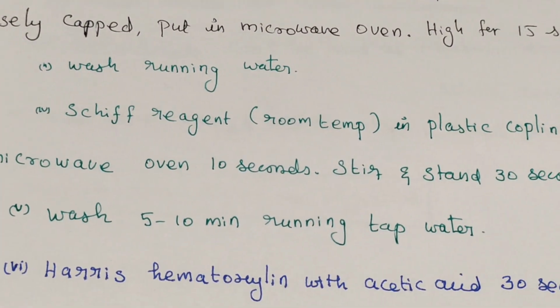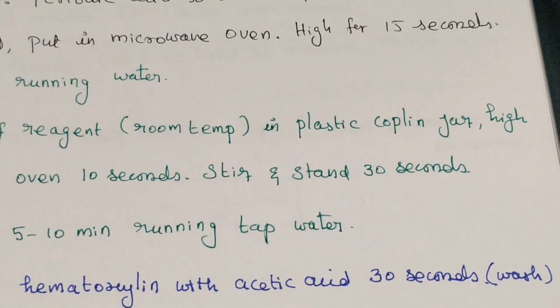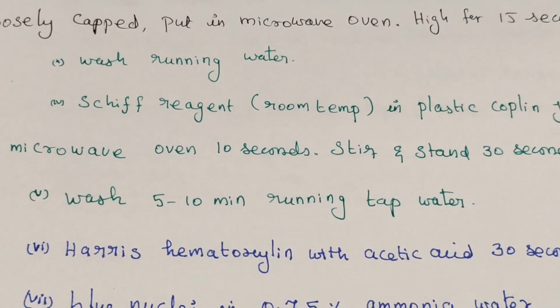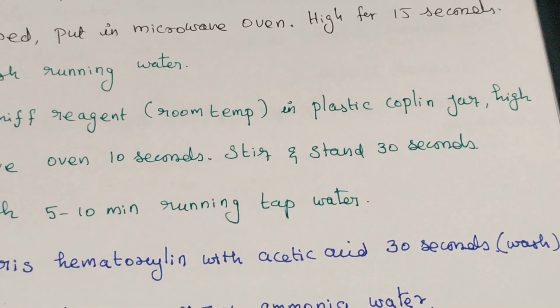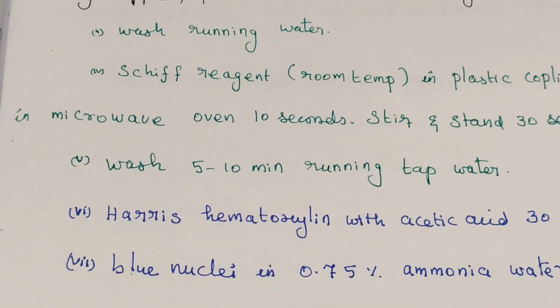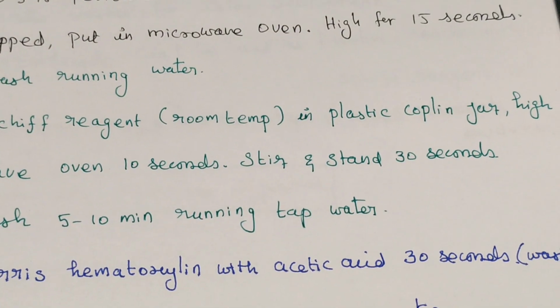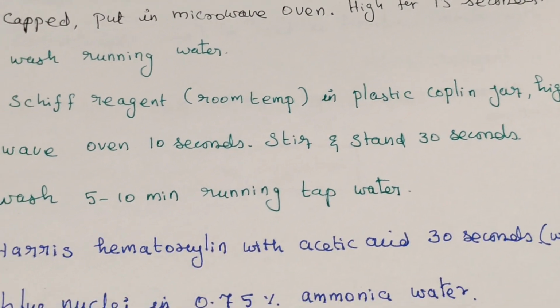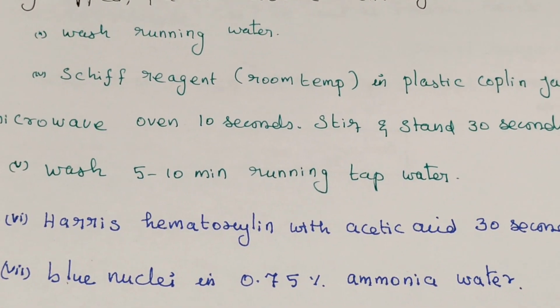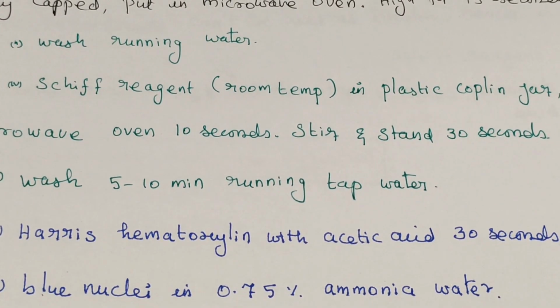Then Schiff reagent is added, in a plastic coupling jar, high in the microwave oven for 10 seconds. Then stir and stand 30 seconds. Then wash for 5 to 10 minutes with running water.